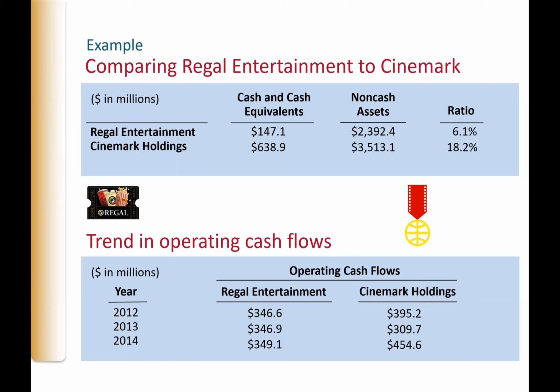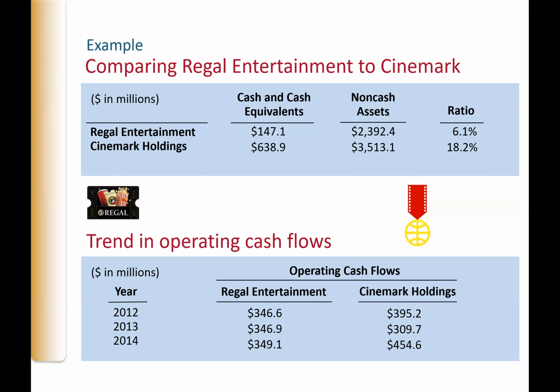The non-cash assets for Regal, 2,392 million, and Cinemark 3,513. So to compare the ratio of cash to non-cash, take the 147 divided by the 2,392, you get a ratio with Regal of 6.1, Cinemark a ratio of 18.2.